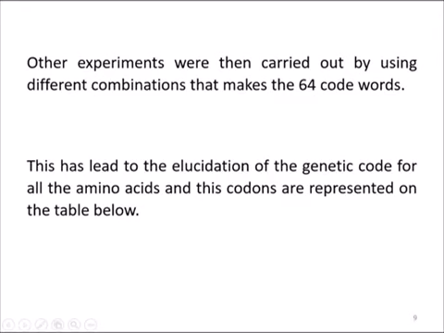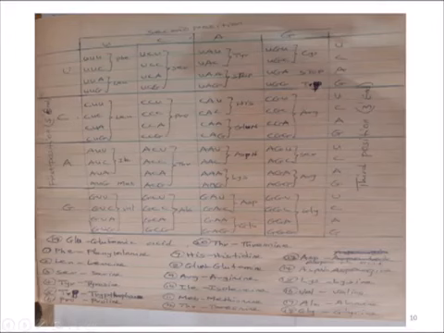Other experiments were then carried out using different combinations that make up the 64 code words. This led to the elucidation of the genetic code for all the amino acids, and these codons are represented in the table that follows.